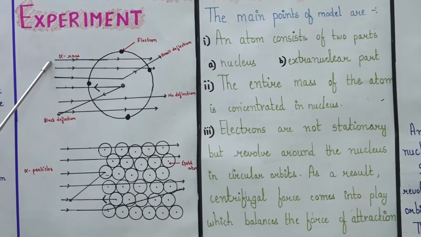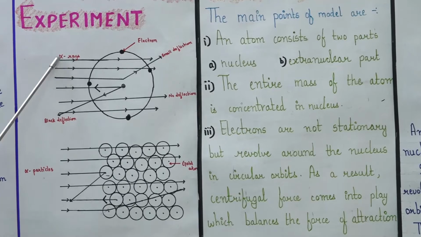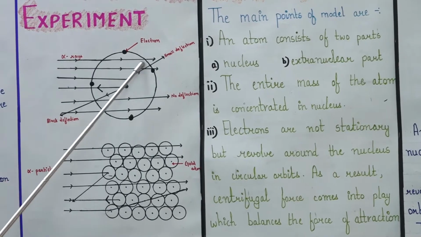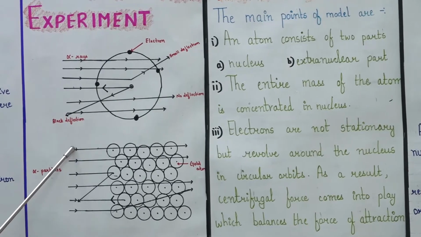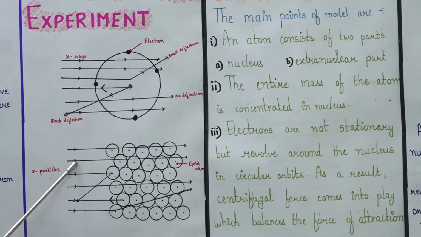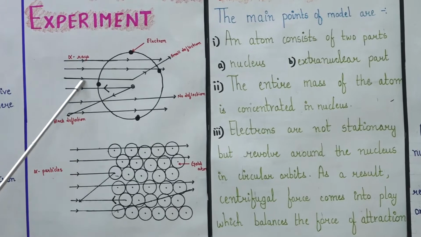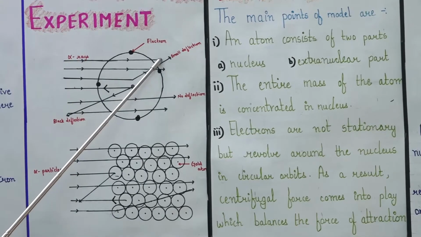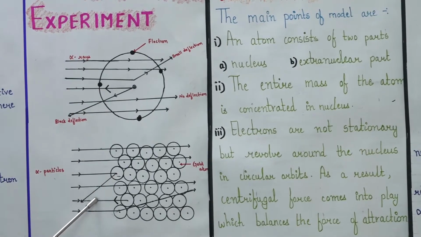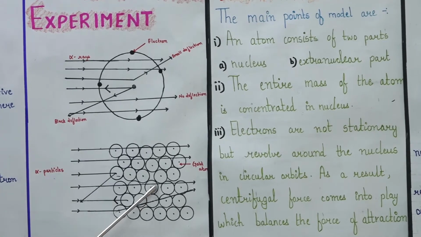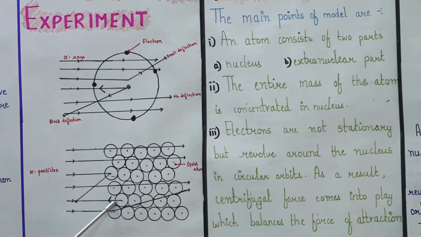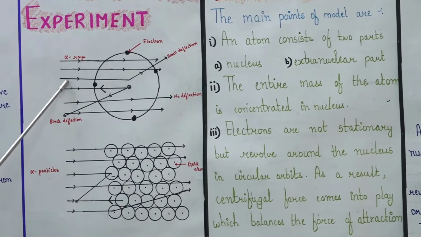The main observations he made were: most of the alpha particles passed through the foil without undergoing any deflection. Next, some particles were deflected through small angles and a few were deflected through large angles. Very few alpha particles were deflected back.